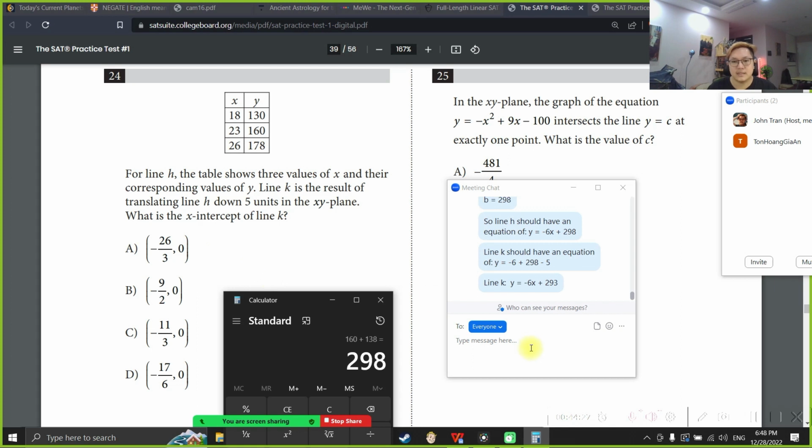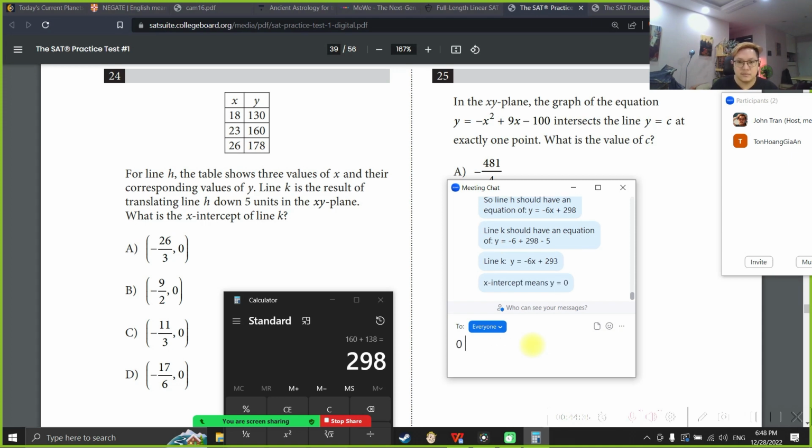You know that x-intercept means y equal to 0. So 0 equal to minus 6x plus 293, so x equal to 293 divided by 6.